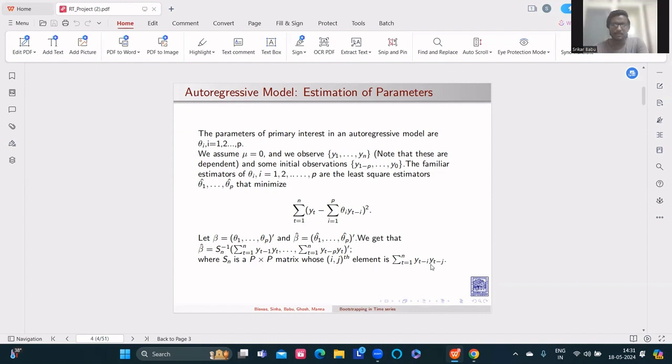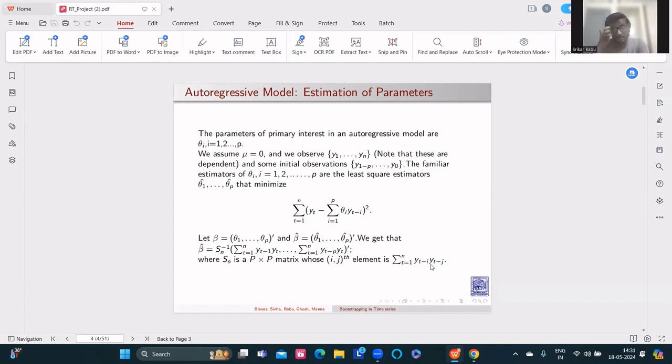And if you assume beta as the vector of thetas and beta hat as the vector of the least square estimators, we can then express beta hat as Sn inverse into summation yt minus 1 yt and so on yt minus p yt, where Sn is a p cross p matrix whose i comma jth element is summation yt minus i yt minus j.